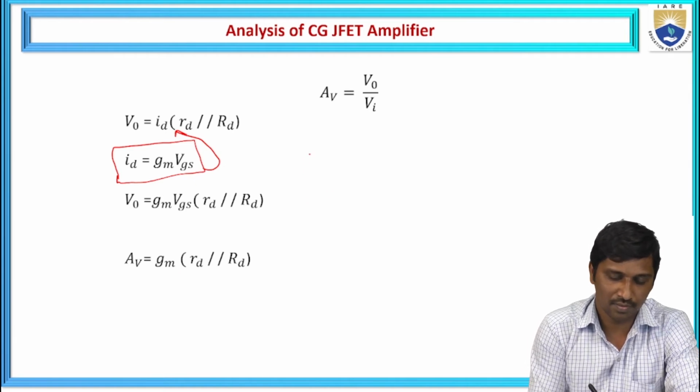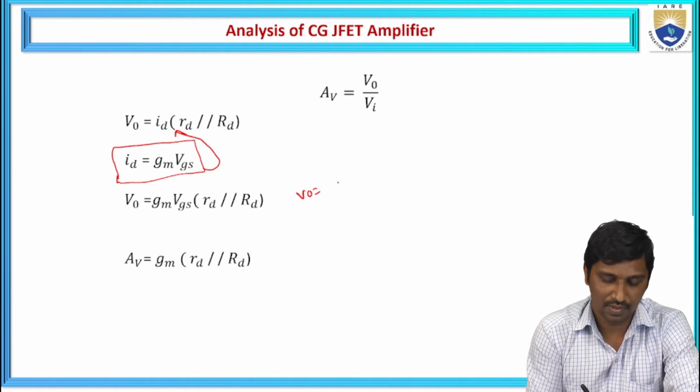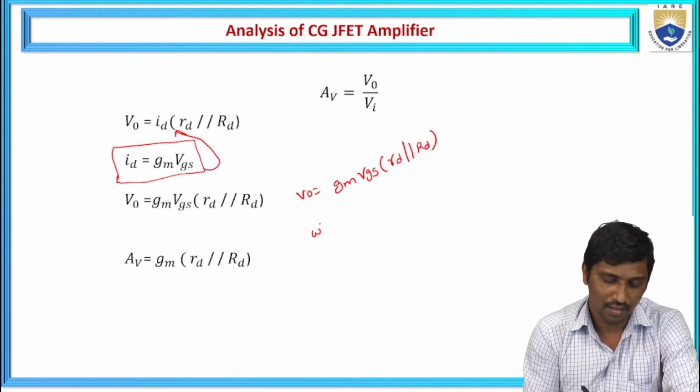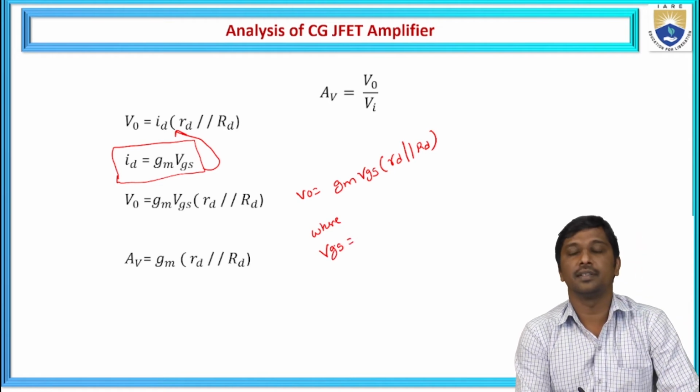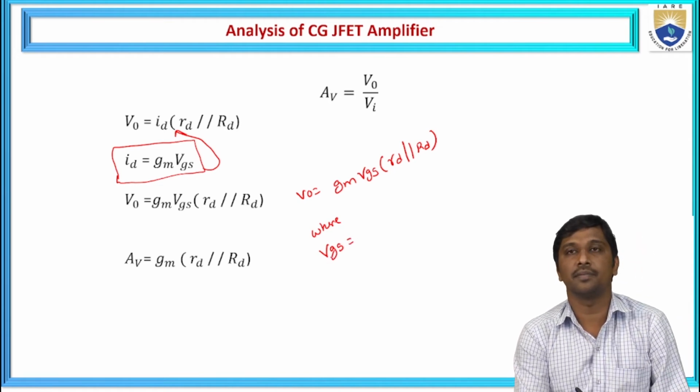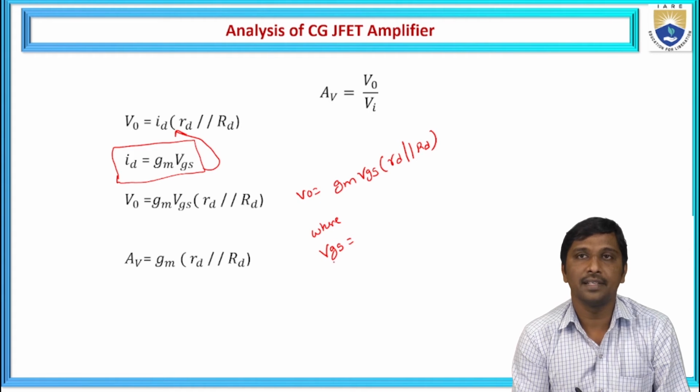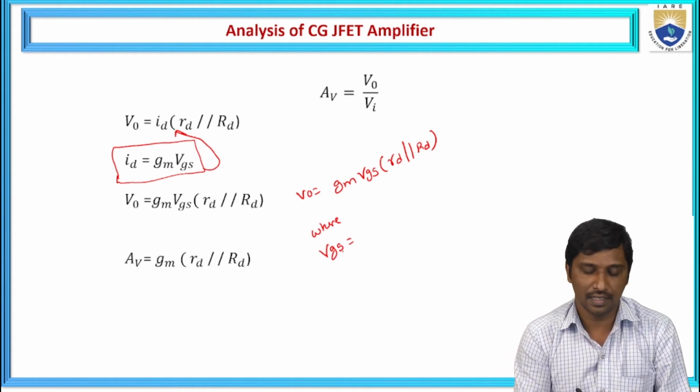So V naught is represented as gm times of VGS times rd in parallel with capital RD, where I am going to take VGS from its definition, the potential difference between gate and source.